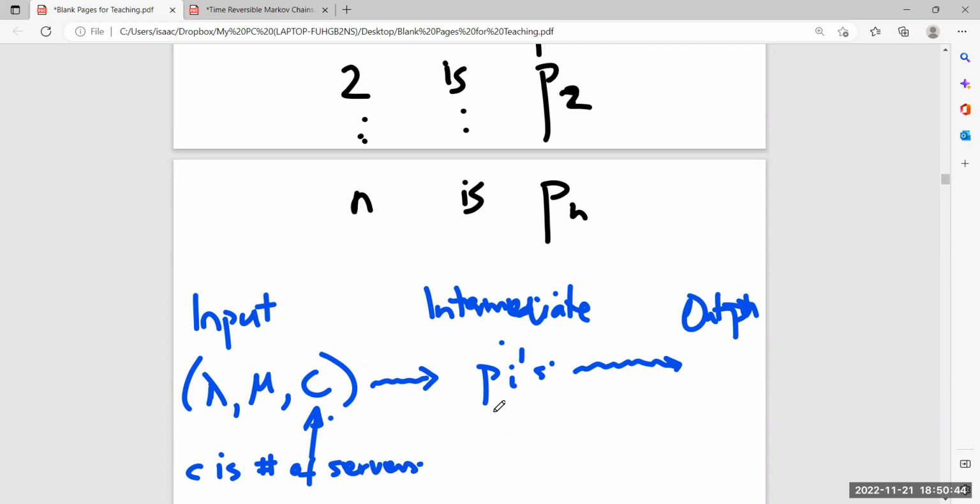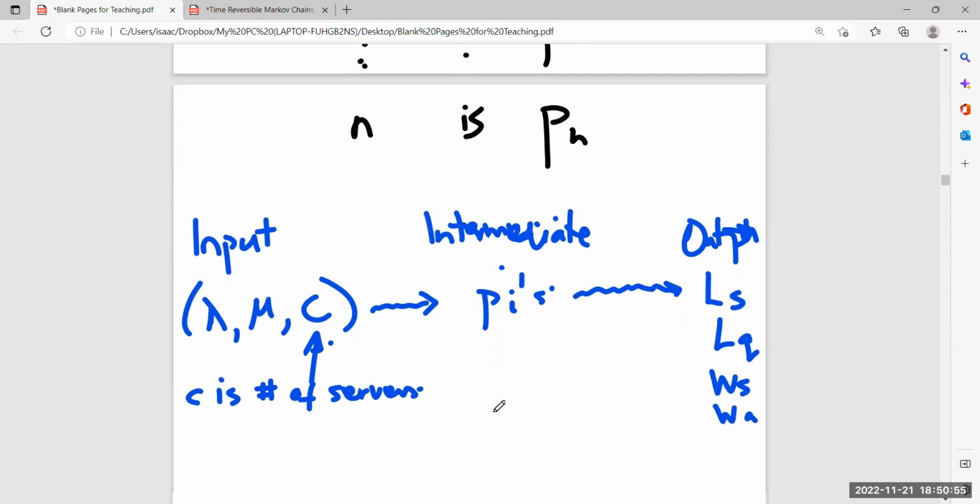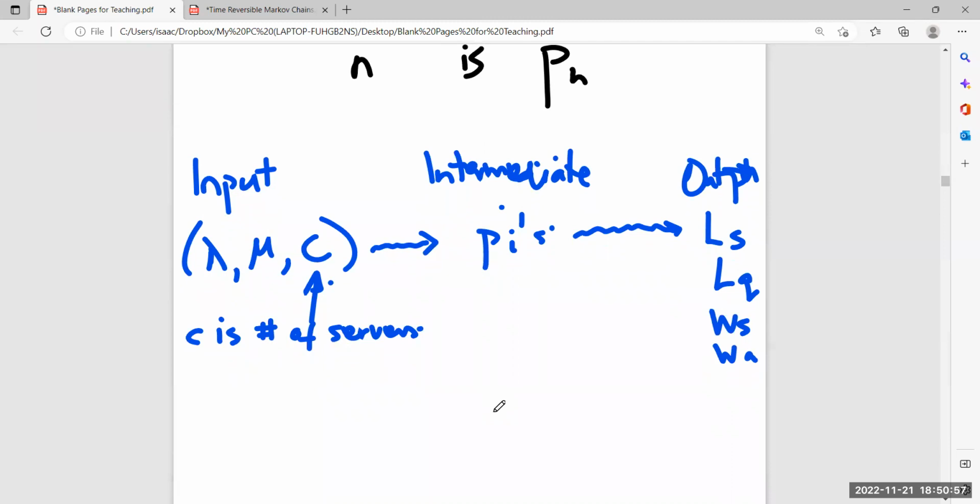And then we use this now to get our final output. When I say the final output, I mean I can use my probabilities to work out things like LS, LQ, WS, WQ, etc. So this is the overall step that we would look at this from.